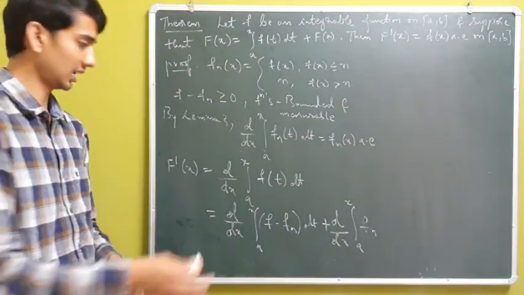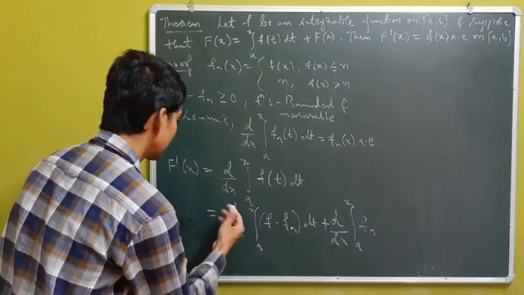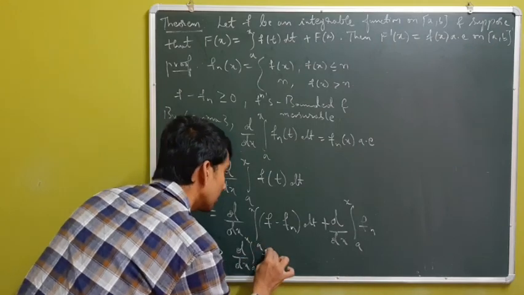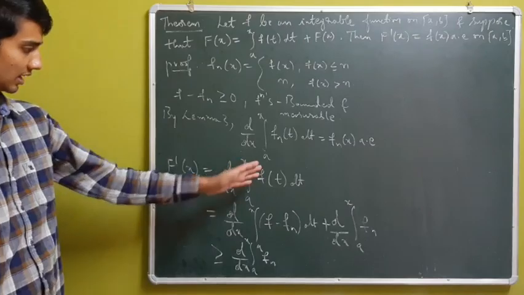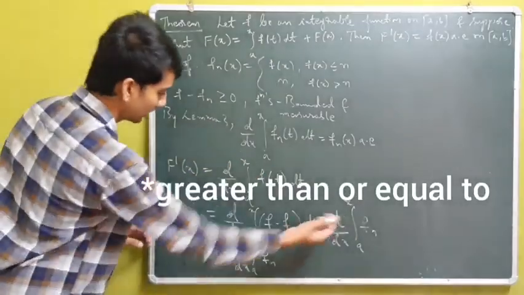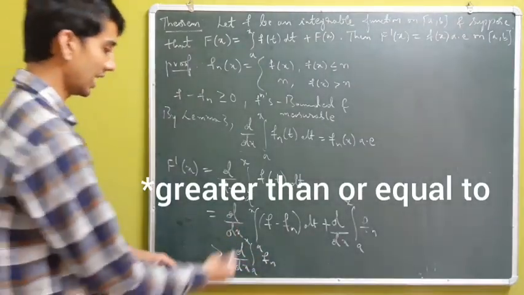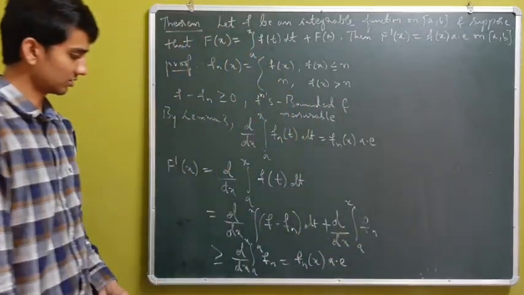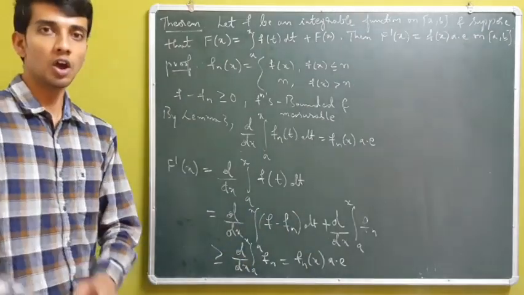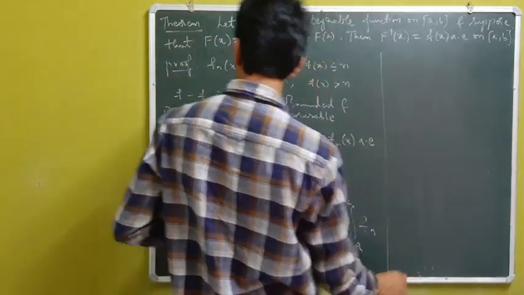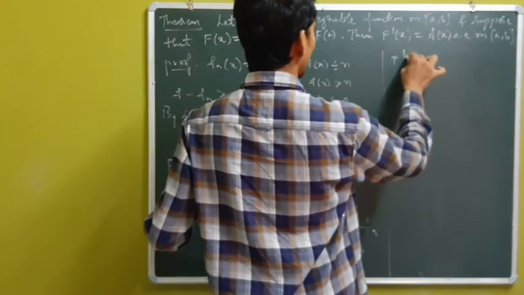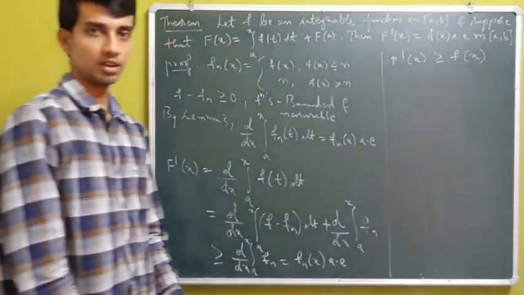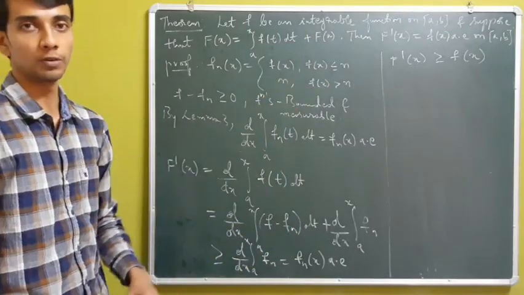So I am just adding and subtracting fn, and clearly this is greater than or equal to the differentiation of the integral of fn from a to x, which is equal to fn of x almost everywhere. So I have in my hand now f dash of x greater than or equal to fn of x almost everywhere. So I have f dash of x greater than or equal to f of x almost everywhere.